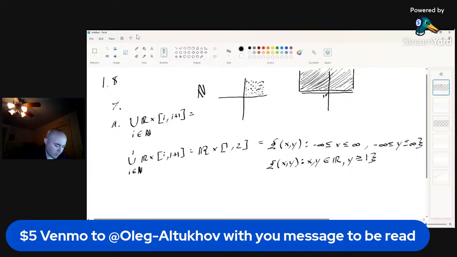For each set alpha, define A to be the set containing alpha. I'm just going to write this one out here and try to play with it a little bit. See if I can figure out what they did.